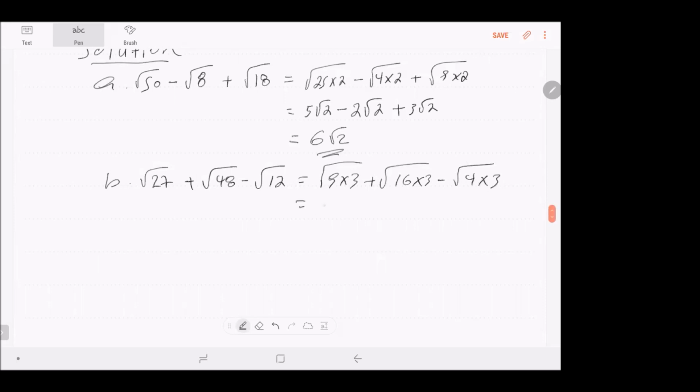When we simplify, it is 3 times the square root of 3 plus 4 times the square root of 3 minus 2 times the square root of 3. So 3 plus 4 is 7, 7 minus 2 is 5, so it will be 5 times the square root of 3. Once you get the point, it is a very simple task.